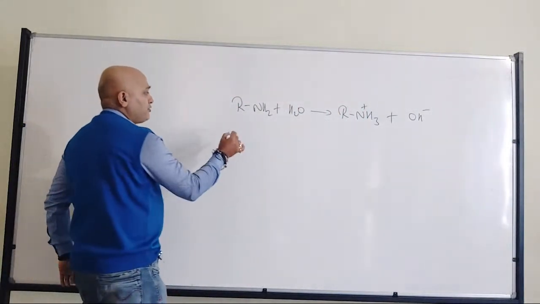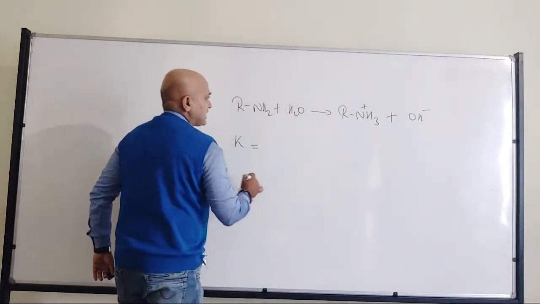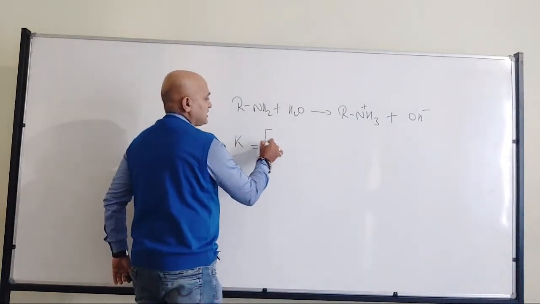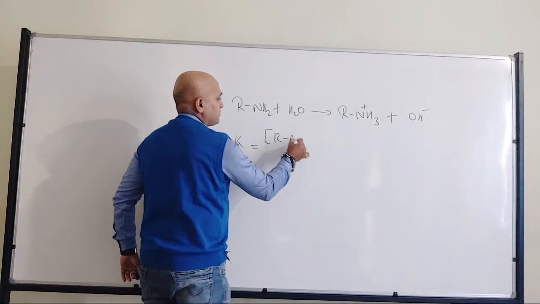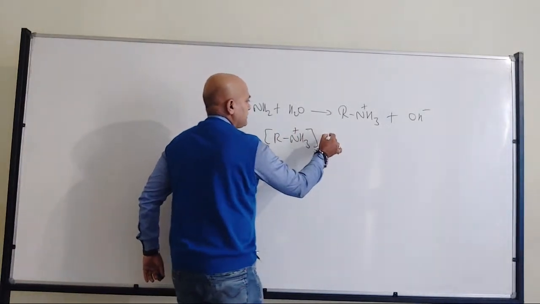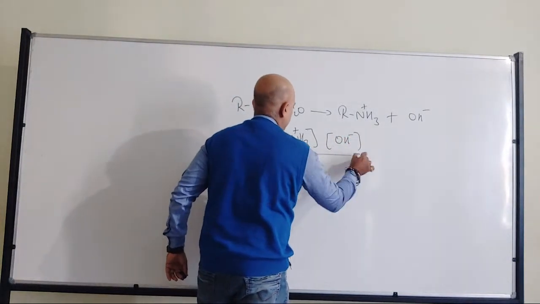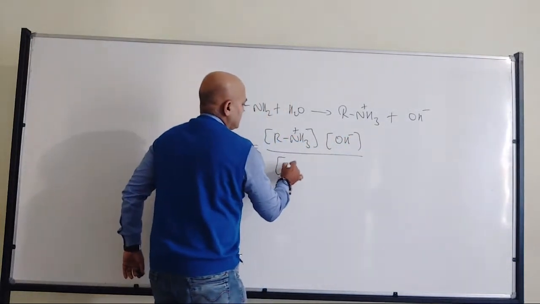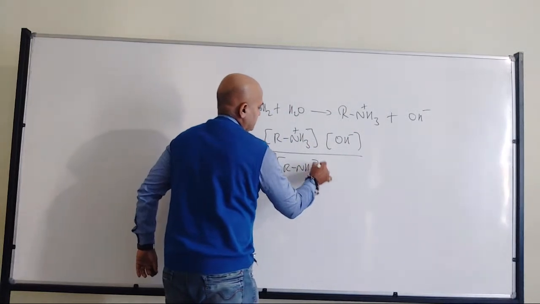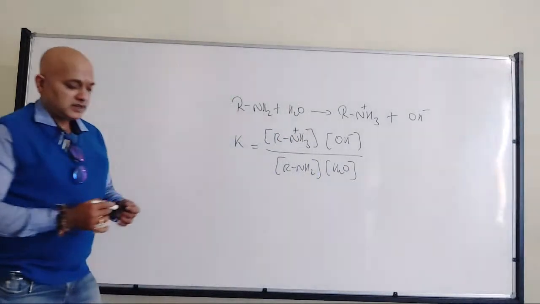So if I want to write the rate constant for this reaction, that is nothing but the equilibrium constant, then it will be the concentration of the product divided by the product of the reactant concentration multiplied by water, right?